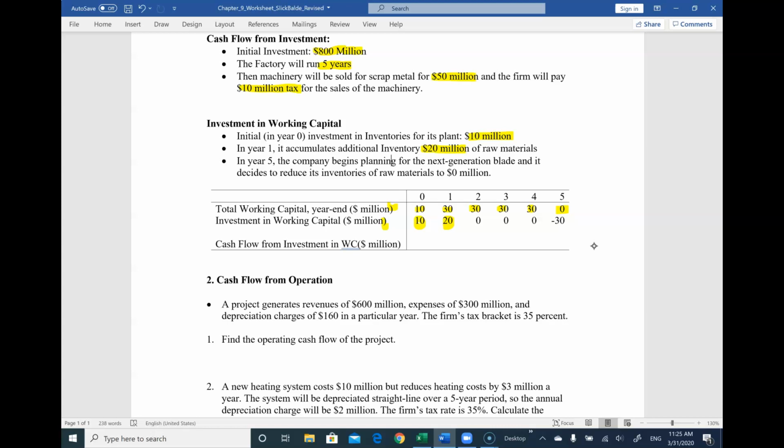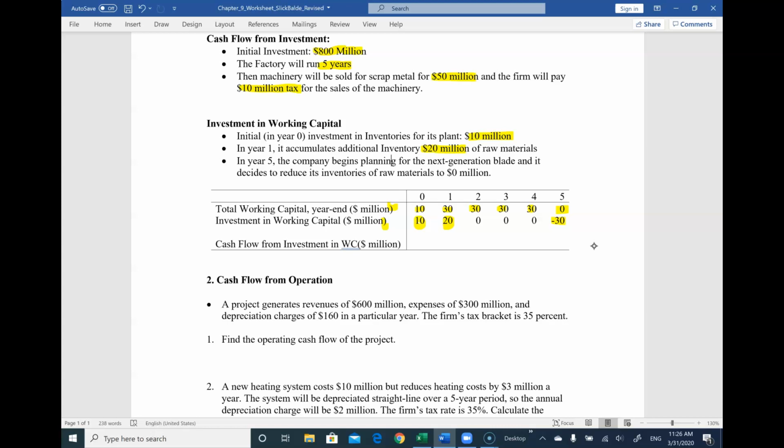In year 5, the inventory goes down by 30, right? The last thing we have to remember is that an increase in the working capital is a cash outflow. When there's a decrease in the working capital, that's a cash inflow. Please remember that.